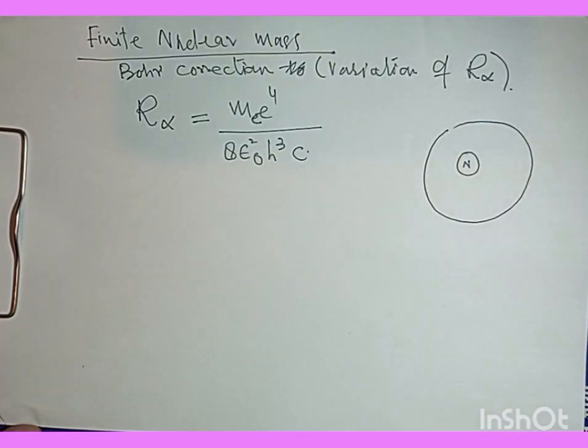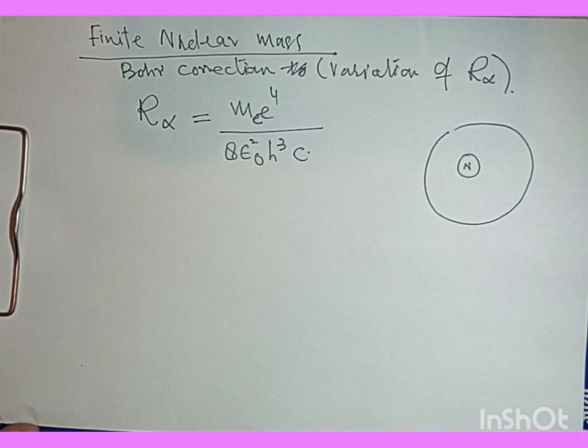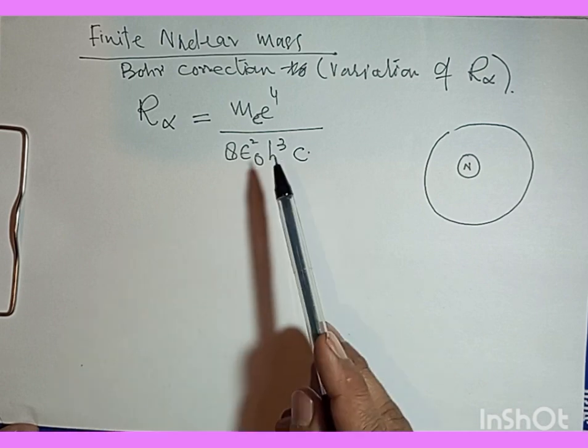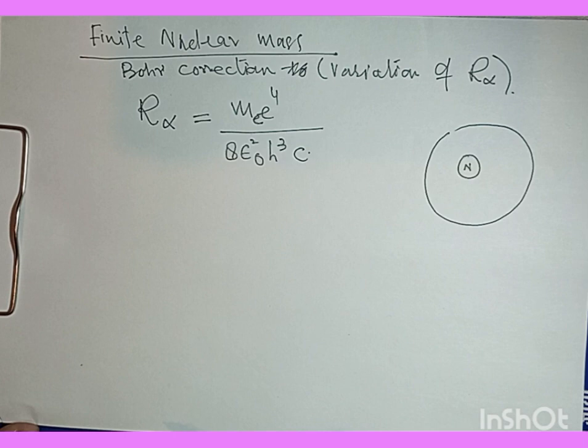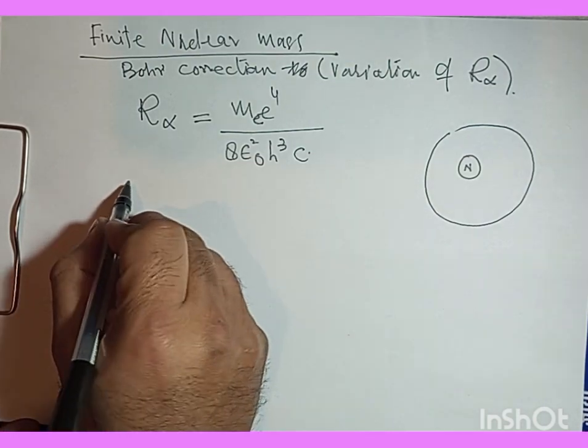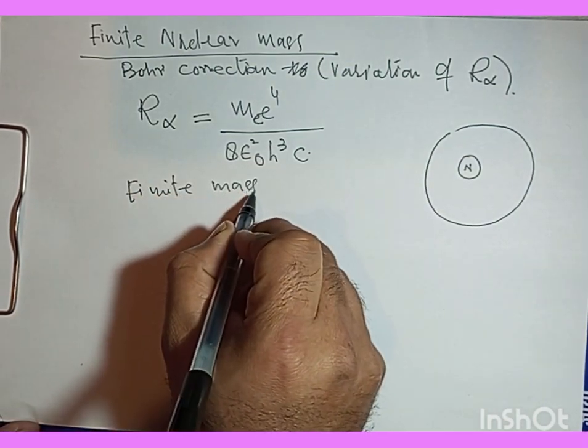So this is the value of Rydberg constant for hydrogen atom, and what's assumed here is that the mass of this nucleus is infinite. But in reality, the nuclei have finite masses.